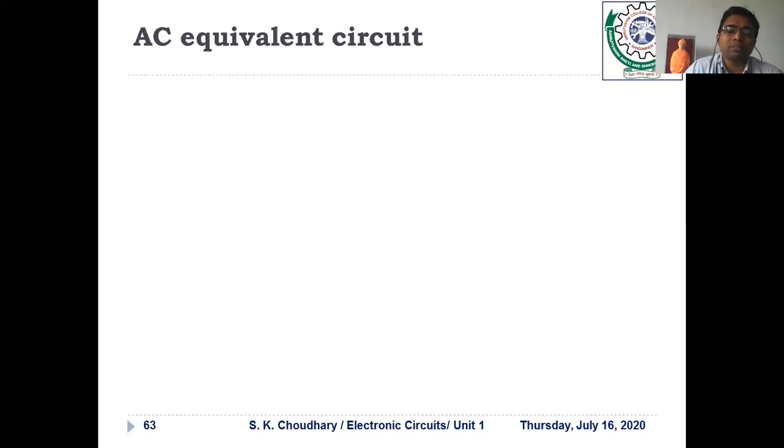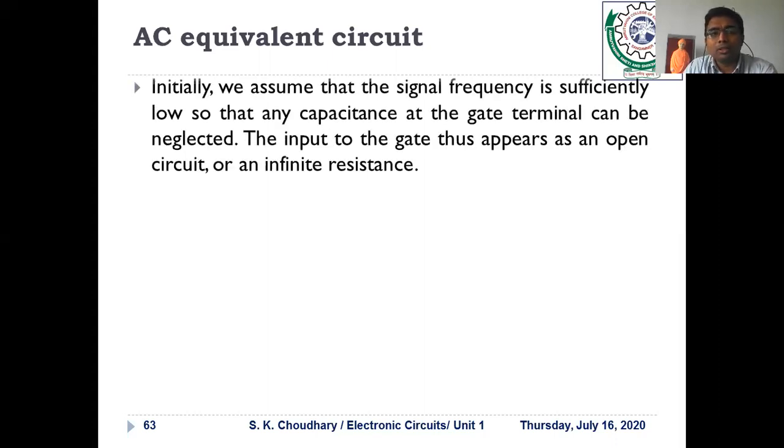For this purpose, we first have to learn how to draw the small signal equivalent circuit or AC equivalent circuit for the MOSFET transistor only. After learning this, we will go to the next stage, the common source amplifier. So first of all, we will learn how to draw the AC equivalent circuit for the transistor.